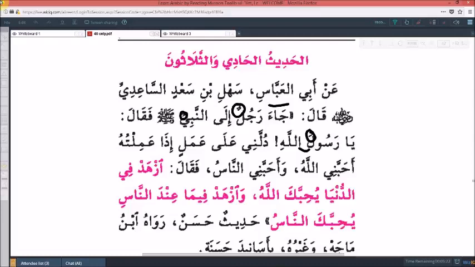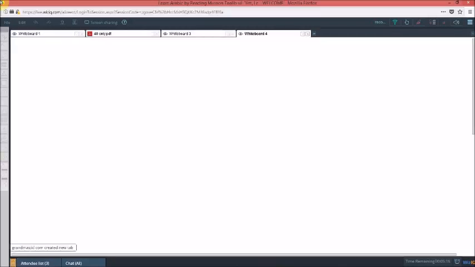If I tell you ijlis, we broke down our word previously. We had our word tajlisu. We dropped off our ta, which was for anta, and we said ijlis, and then we put our sukoon.